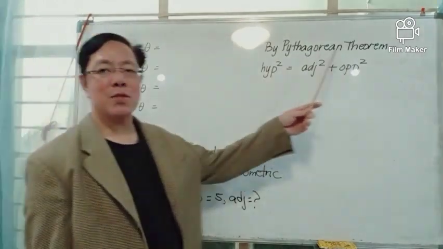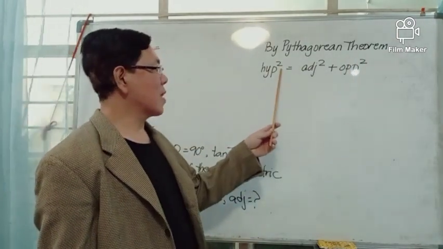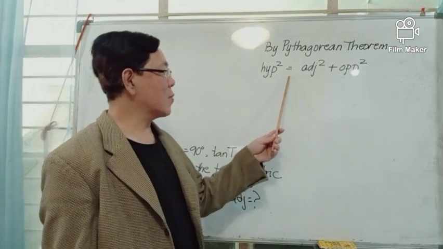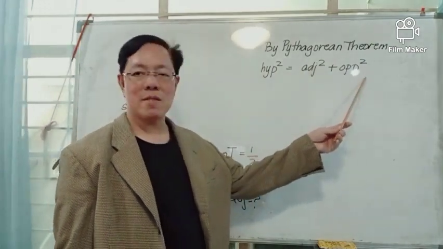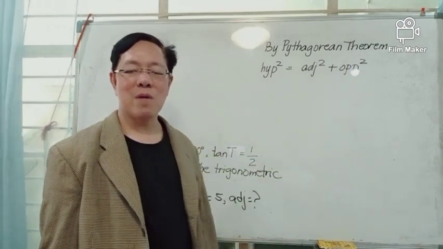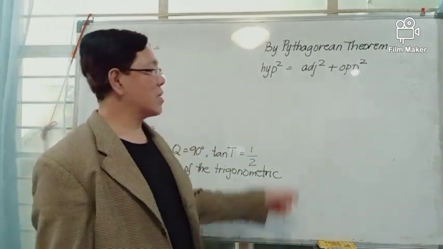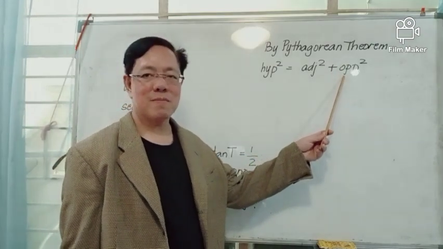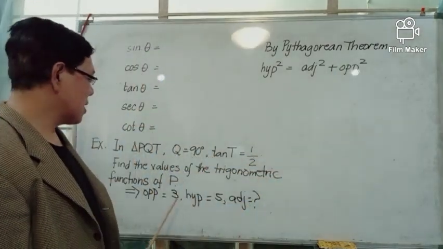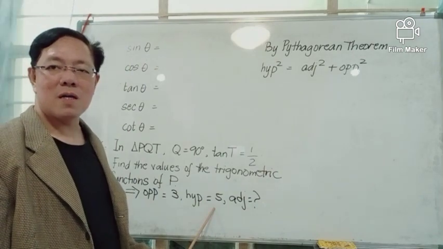By Pythagorean theorem, the square of the hypotenuse is equal to the sum of the squares of the two other sides. And with reference to the angle theta, the two other sides are the adjacent side and the opposite side. We are given the hypotenuse is 5.